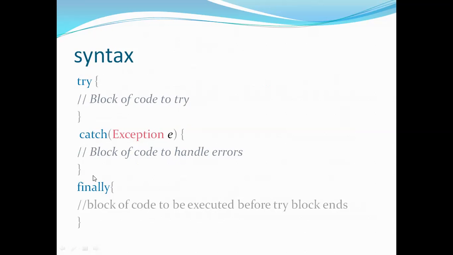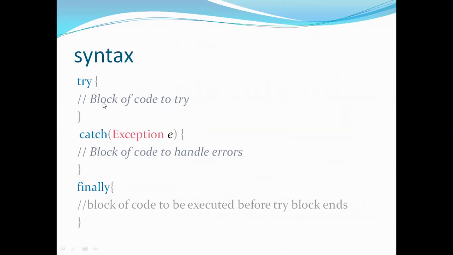Now here we should remember one thing: a try block cannot be alone. We should not write a try block without a catch block. Similarly, we should not write a catch block without a try block. And finally can be there, which has some piece of code which will be executed after this try catch block.